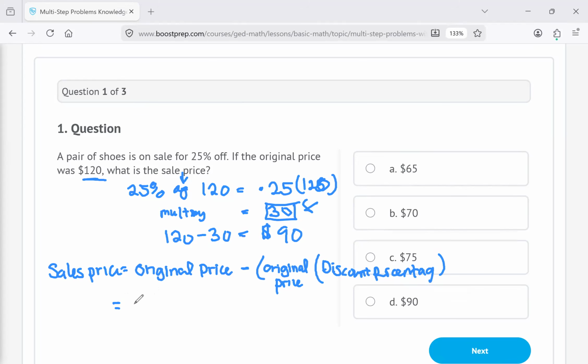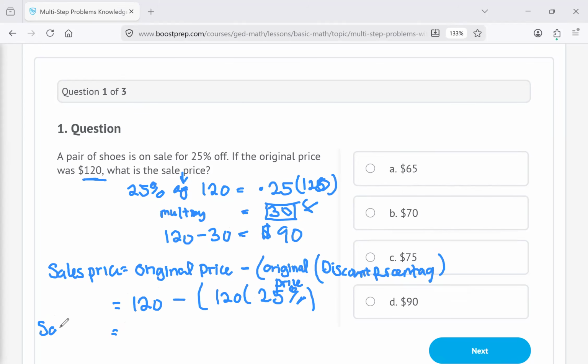So my original price was 120, minus the original price, which was 120, times 25%. So it's essentially doing this, but it's just much neater, right?